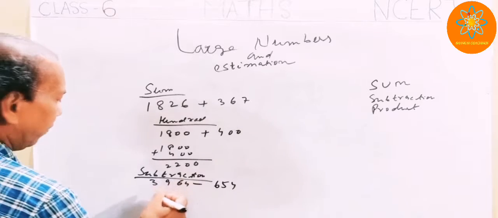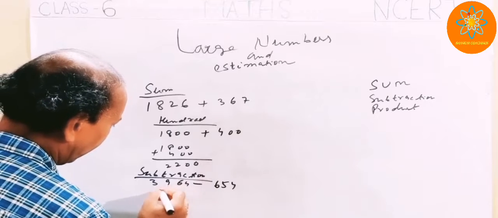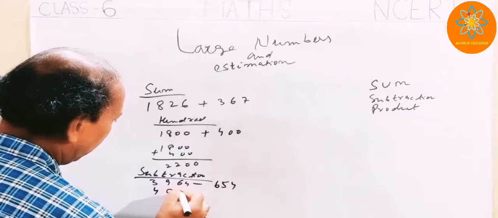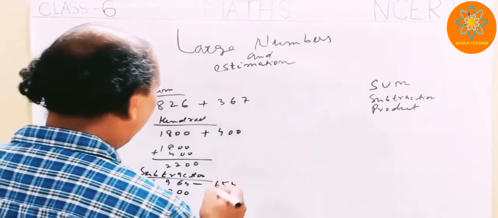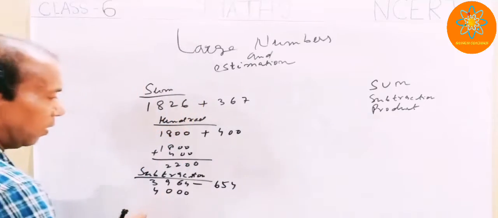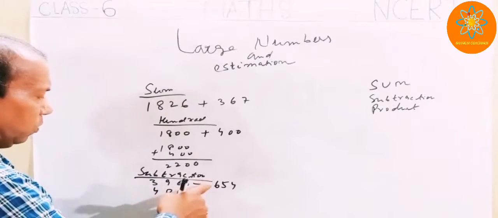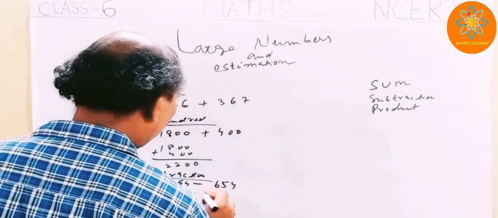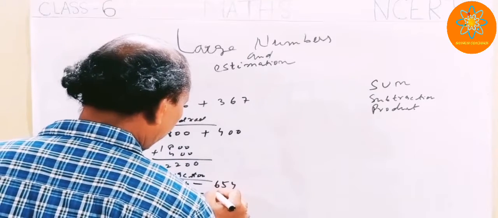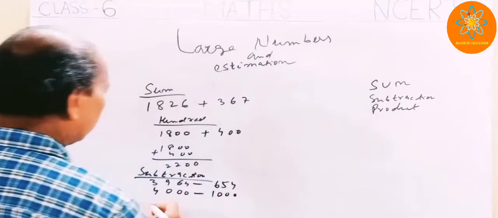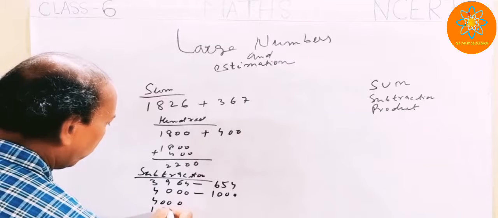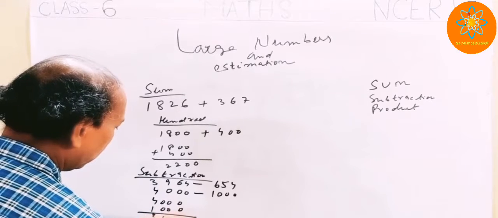So this becomes 4000, and 654 becomes 1000 because 6 is there. So in the subtraction case, it will be 4000 minus 1000, which is equal to 3000.